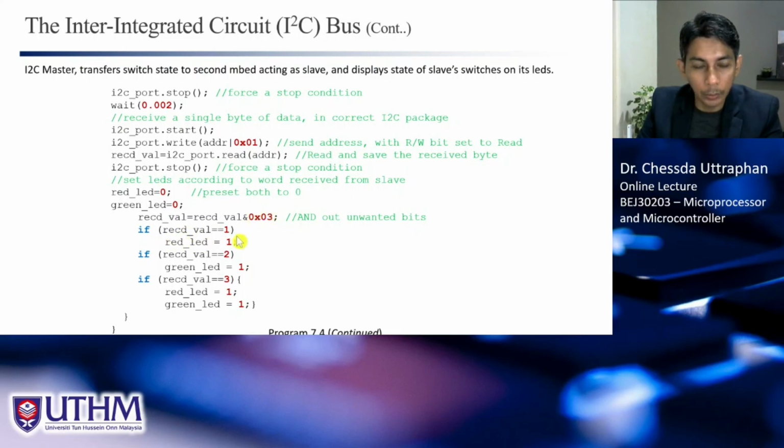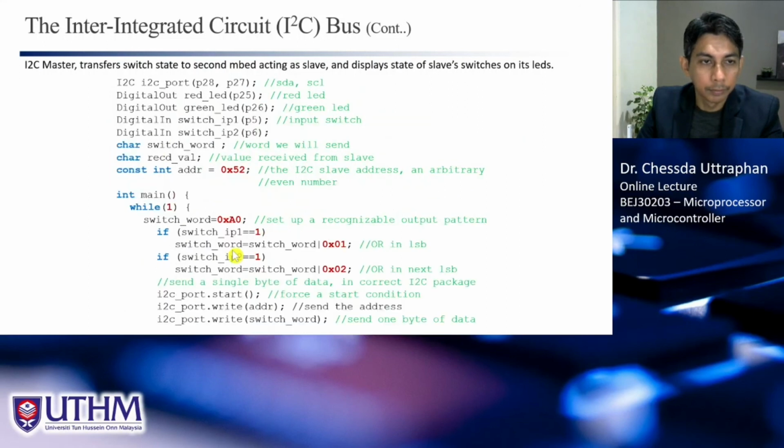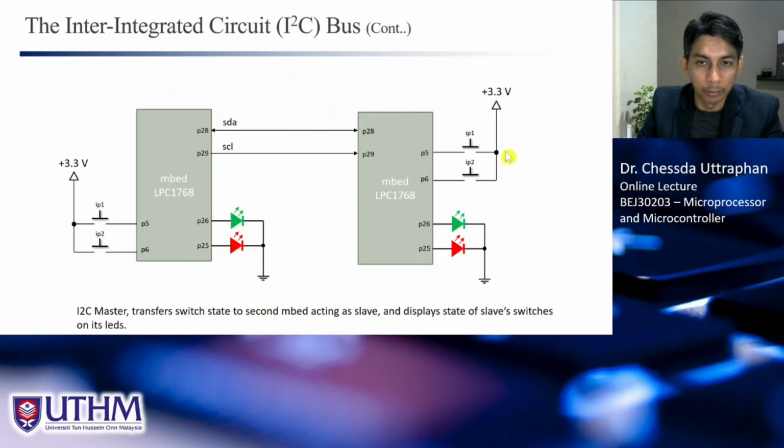If it is 1, the red LED will be on. If it is 2, the green LED will be on. If both are pressed, it means 3, so both LEDs will be turned on. So it depends on what we receive here.